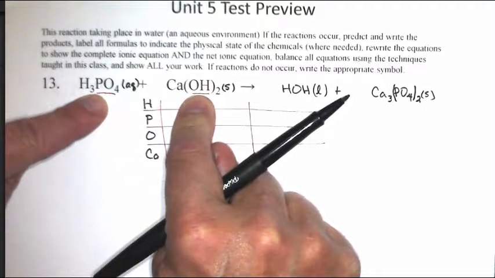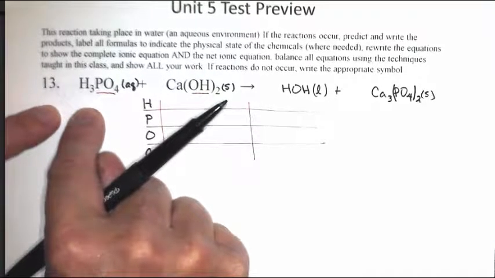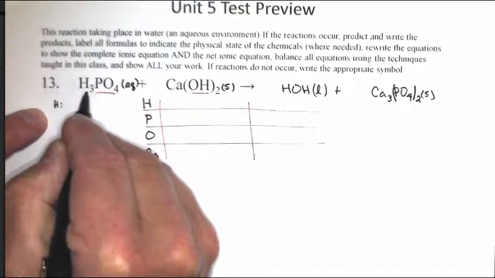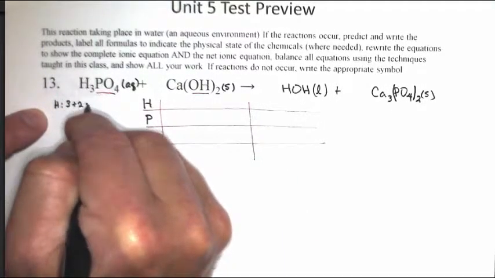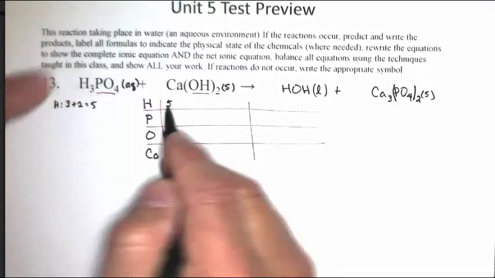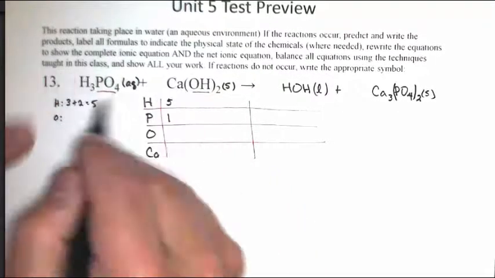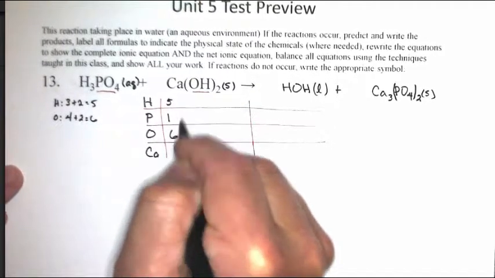I want to keep up with those out here just to make sure I don't miss one. So the hydrogens, I've got 3 here and 2 here. 3 plus 2, that means I have 5 at the moment. I've got 1 phosphorus and oxygen. I want to count those up. I've got 4 plus 2. So I've got 6 oxygens and 1 calcium.